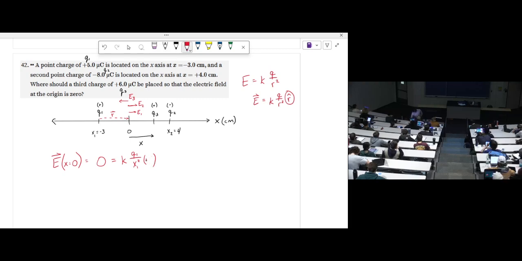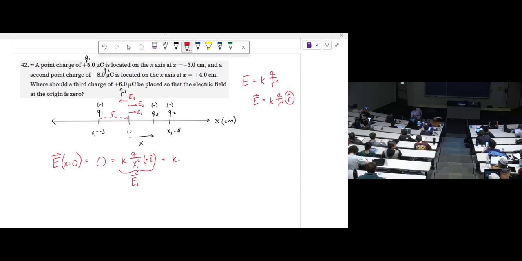So that would tell me that r1 is pointed in the plus i hat direction. You follow my reasoning here? And again, does that make sense? This whole package is going to be E1. And that tells me that E1 should be pointed to the right in the positive i hat direction, which we reasoned it should be. So, okay, that's correct.